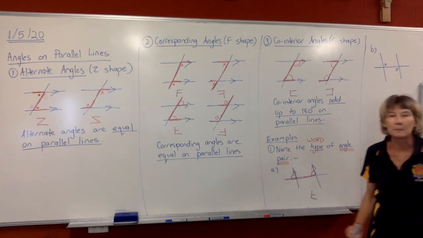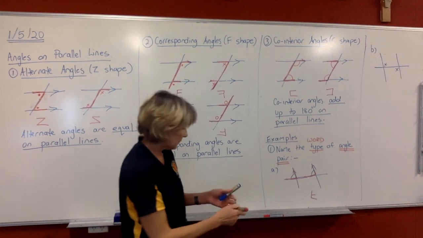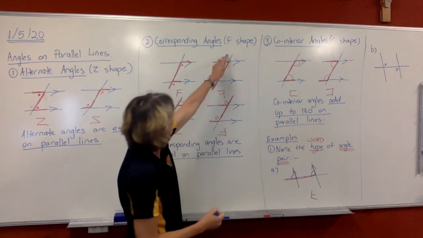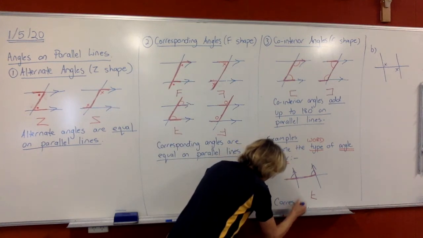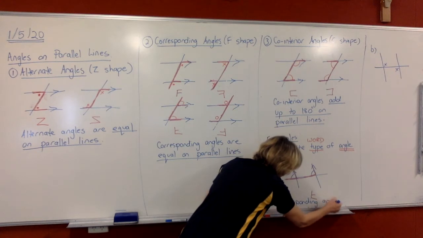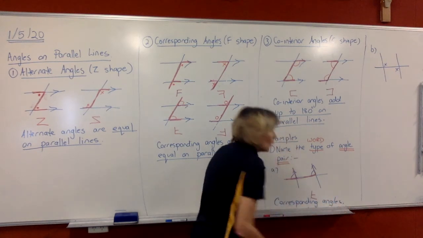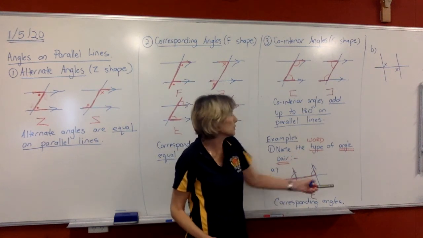You'll have an F shape. So if we have an F shape like that, that means they are corresponding angles. So all they're asking for here are word answers for the type. They are called corresponding angles.